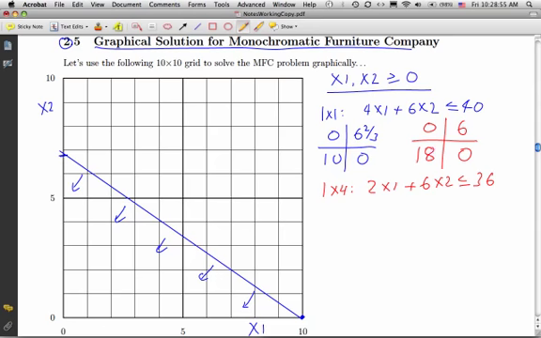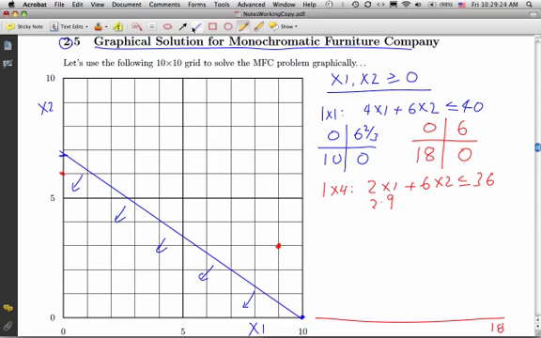So one thing you're going to notice is somewhere out here is 18. The easiest way to do this is to pick another value for x1. I'm going to choose 9. So 2 times 9 is 18. So that means x2 is going to have a value of 3 in order for this equation to work. So 9 and 3. And we said 0 and 6.